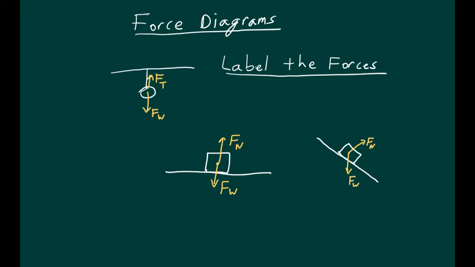But it doesn't, so that tells me there must be some friction acting up the ramp to stop it from sliding. So right here we just have three very basic force diagrams. And you just want to label where appropriate the weight, the normal force, the tension, or friction, depending on the situation.